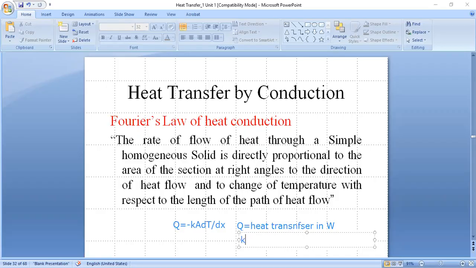K is the thermal conductivity. A is the area. And next, dT by dx, where dT is the change in temperature.